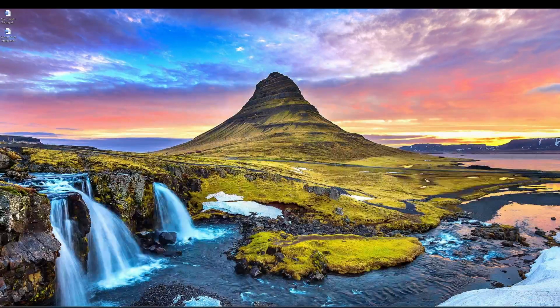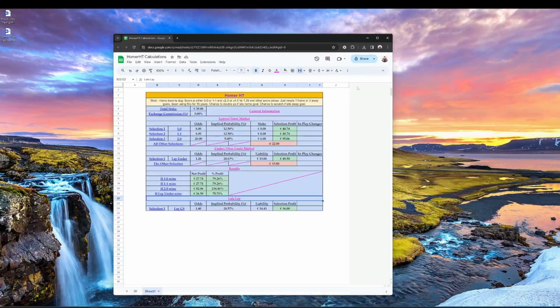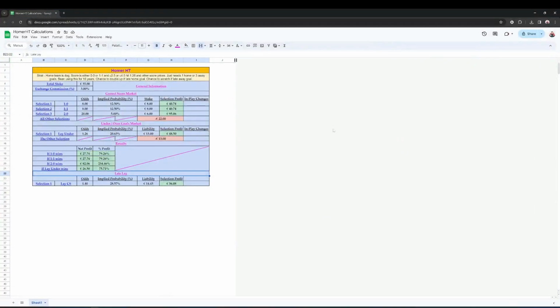But I wouldn't be myself, right, if I wouldn't build an Excel spreadsheet to present this strategy. So here is what I have. It's a relatively simple Google spreadsheet. And you can see I've titled it HomerHT calculations.